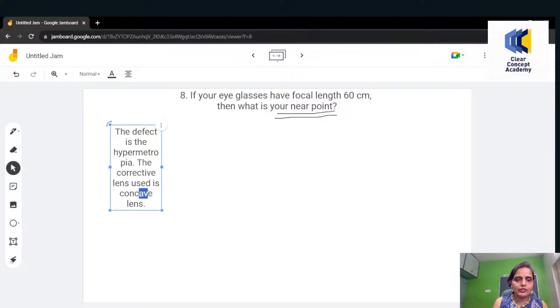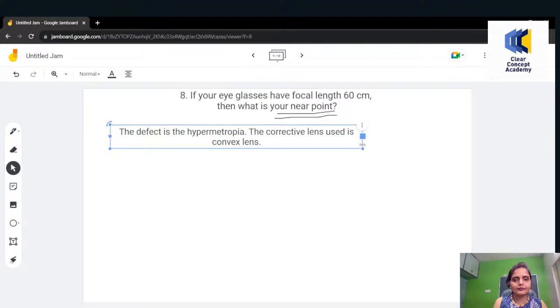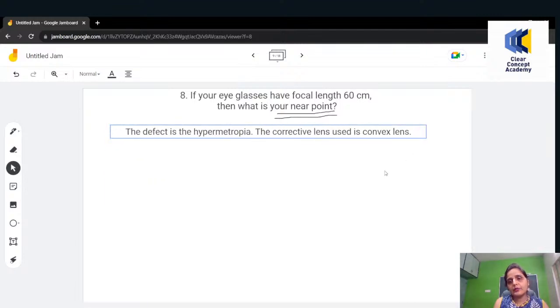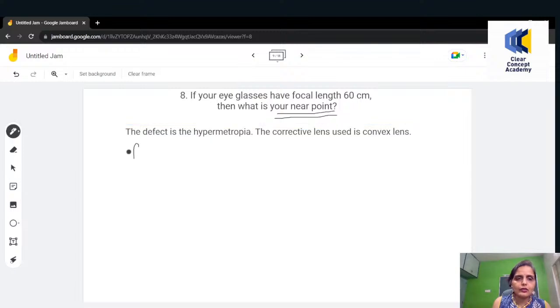Concave, is it? No, it is convex lens. For the last 7 questions we had been using concave lens only, so I simply had that in mind and wrote it down. But since they have mentioned the near point, the defect is hypermetropia, and therefore the corrective lens used has to be the convex lens. Since it is the convex lens, the focal length has to be positive. So F is equal to plus 60 centimeter.